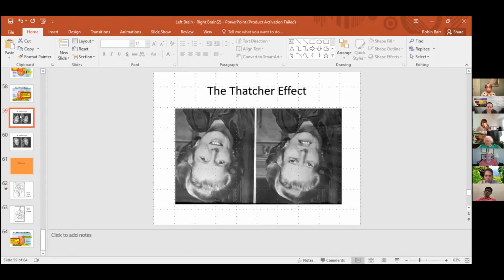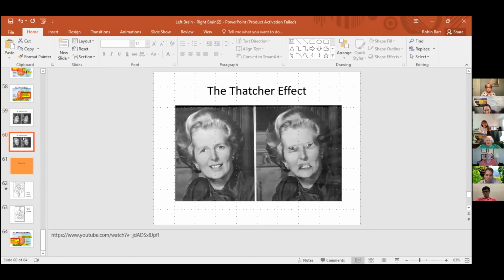Same with this illusion. I was just drawing this up, Dr. Barr. This is perfect. So when you're looking at the face upside down, you're not bothered by anything that you see here. But when you turn it right side up, suddenly, yeah, it's very disturbing.